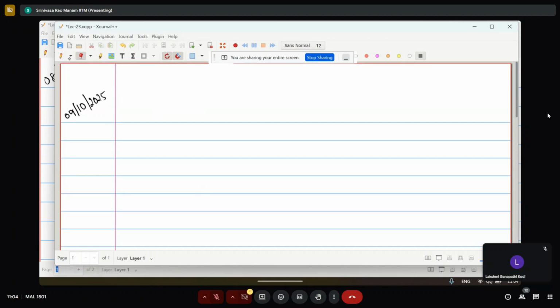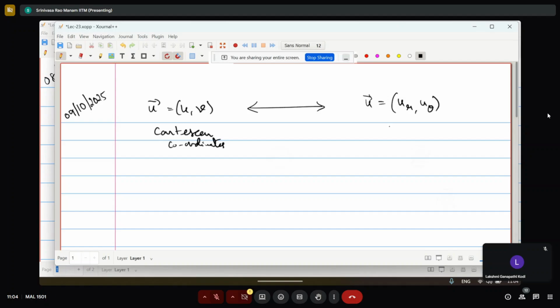So u equal to u, v, this is Cartesian coordinates. I want to go to other coordinates. This is the same u bar that you write as u r, u theta in polar coordinates.